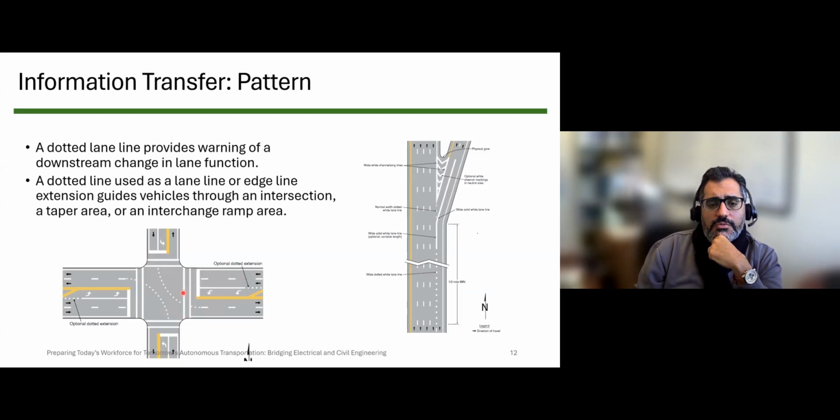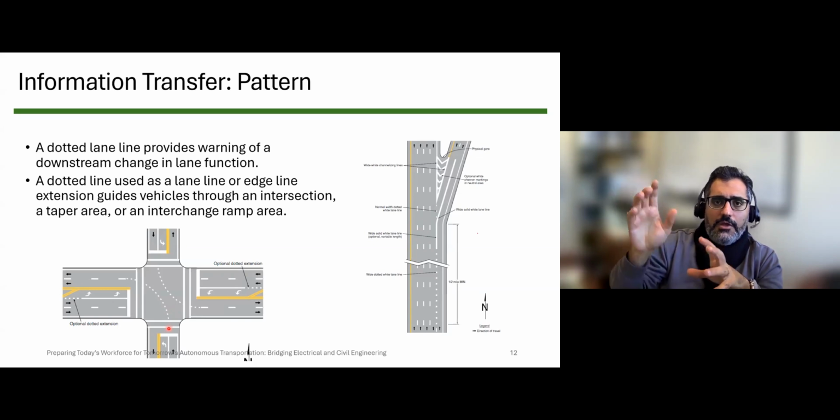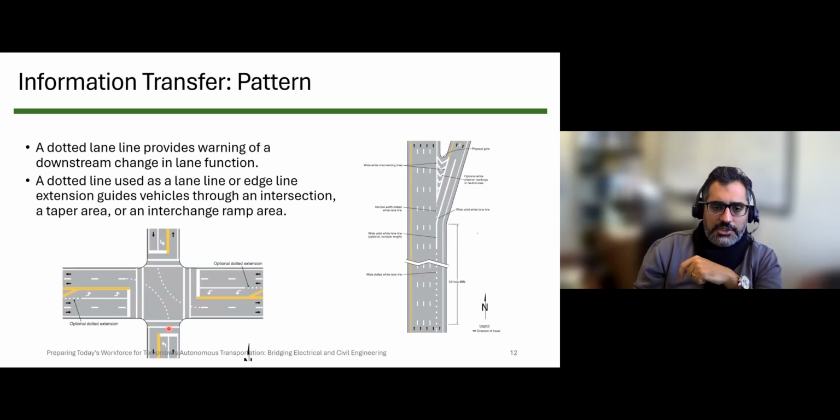Sometimes it is also given to the bicycles. If you have an exclusive bike lane, a standard or conventional bike lane, going through an intersection, we have these dotted lines to reinforce the right of way for bicyclists throughout the intersection.